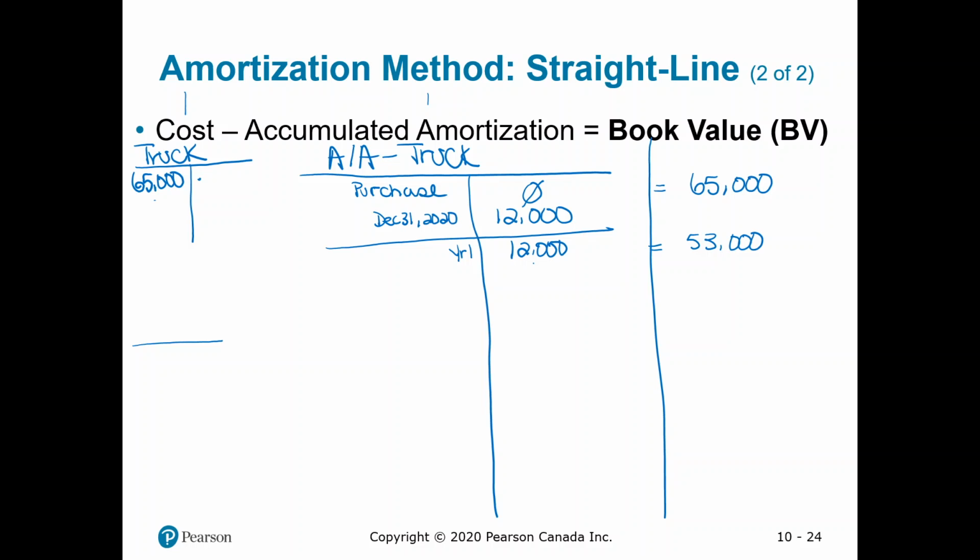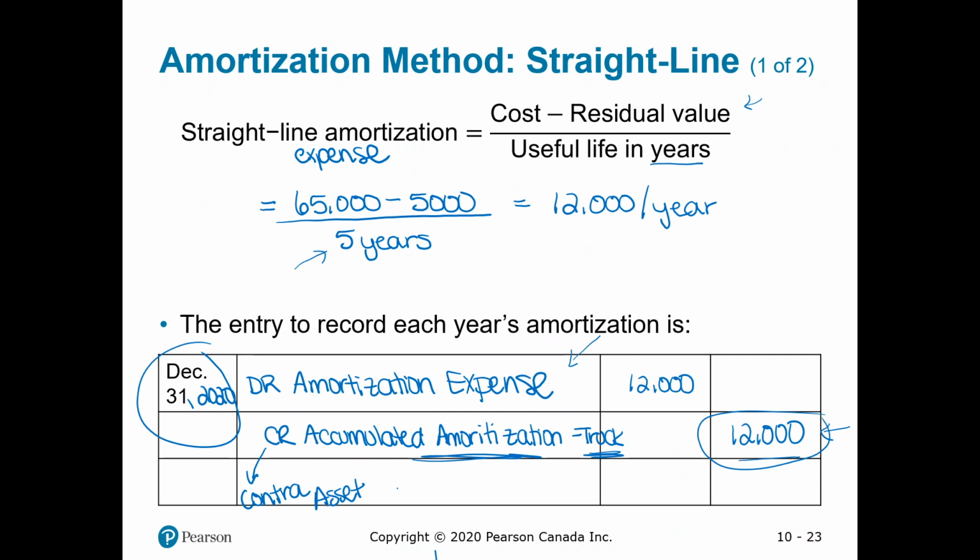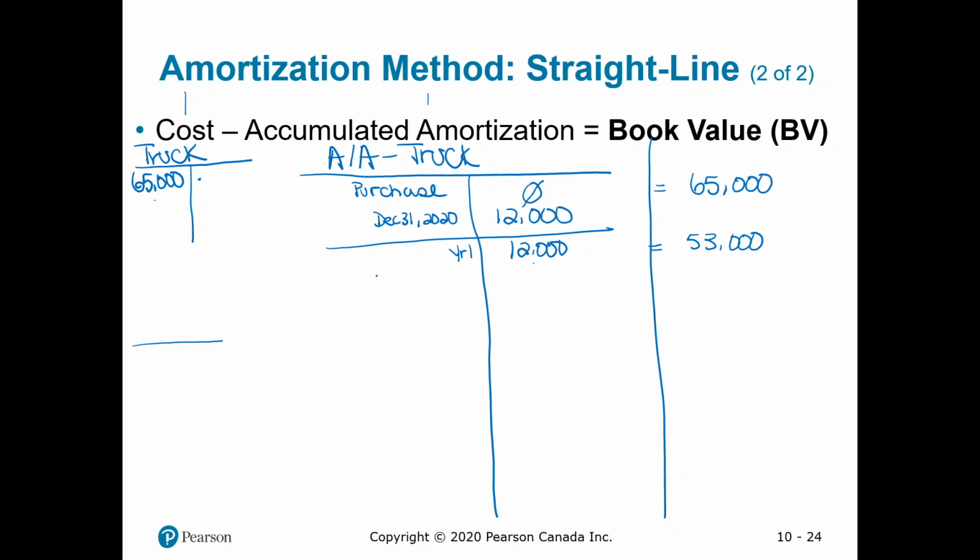At the end of December of 2021, again, we would now record this same journal entry because we're using the same dollar value each year. So at December 31st, 2021, we would book another $12,000 of amortization expense and book it to the accumulated.